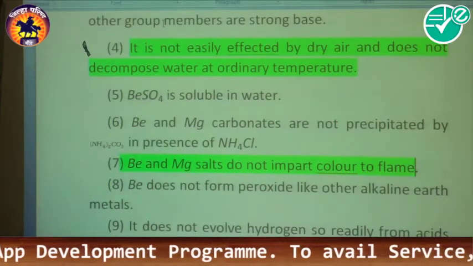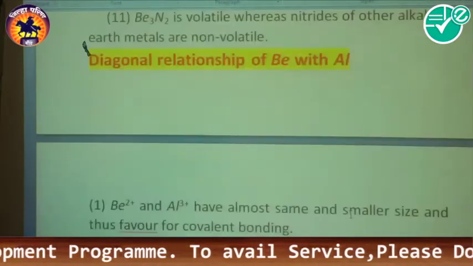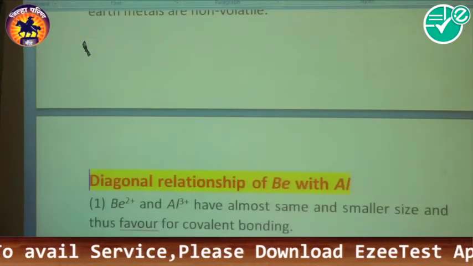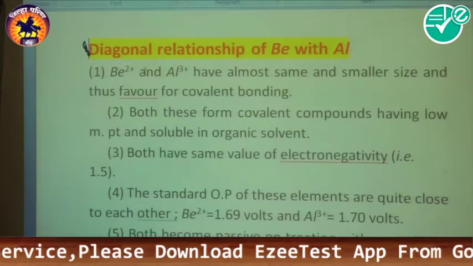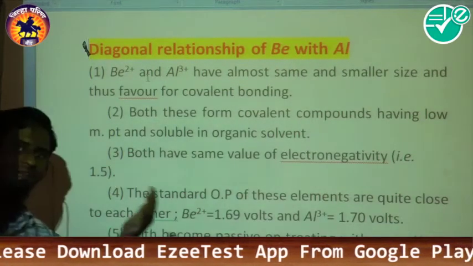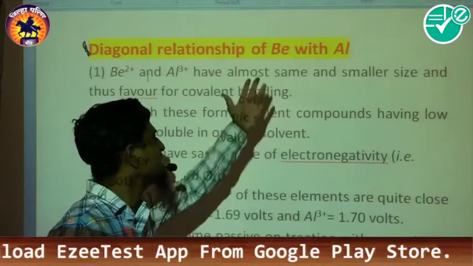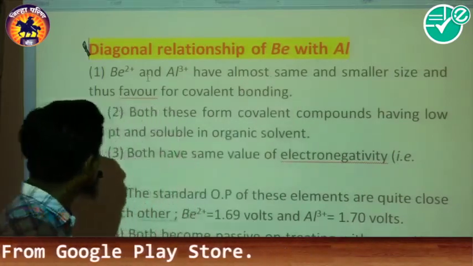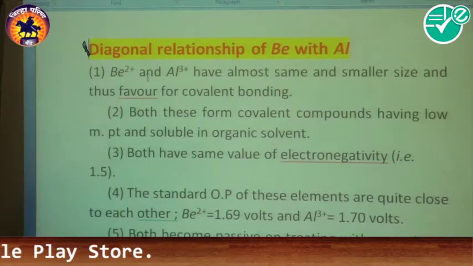Now we move forward to the diagonal relationship between beryllium and aluminium. As with lithium and magnesium, the thing is the same: beryllium with aluminium. The reason is similar atomic size and similar charge to mass ratio. I will explain four points here.